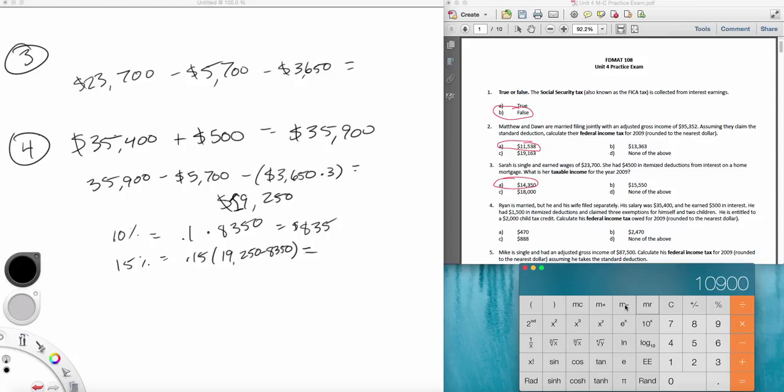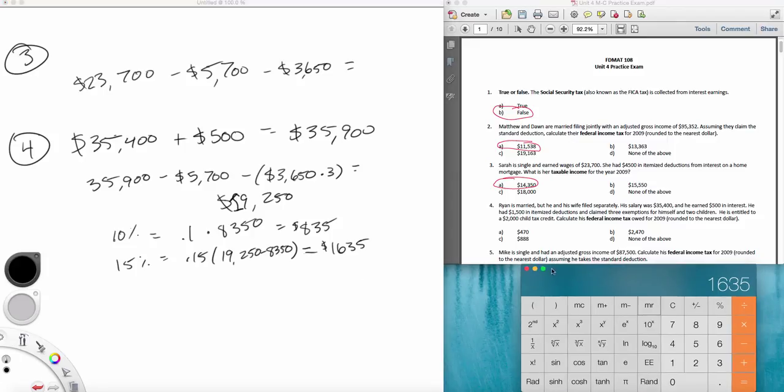And we'll multiply that by 0.15, and that's a total of 1,635. And so we're looking for his federal income tax, so we add those 2 values up. And we get 2,470.